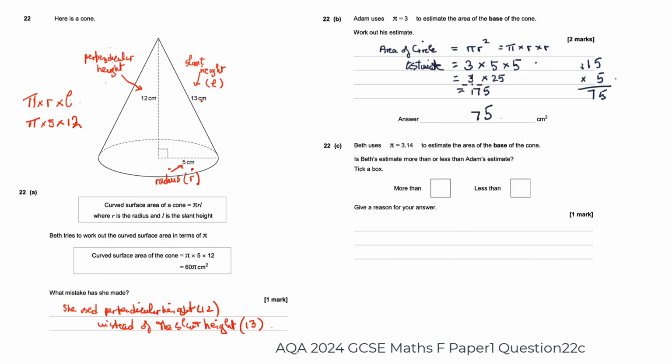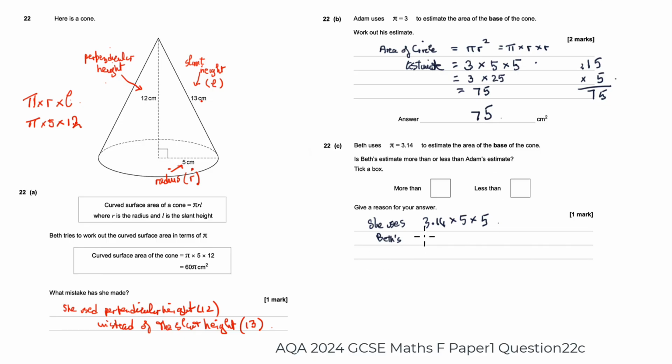Well, let's look at what's going on. She uses 3.14 times 5 times 5. So she's multiplying these three numbers together. Adam was multiplying these three numbers together. Now you'll notice she's using a larger estimate for pi than Adam was.